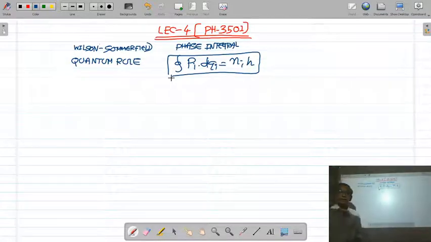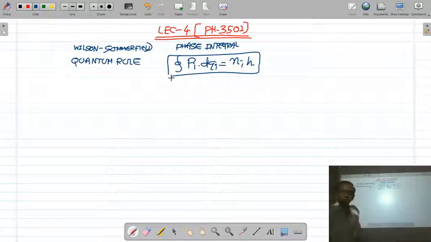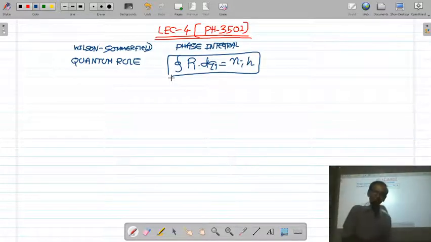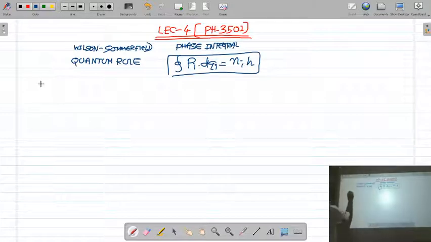Then we can derive the energy level of different periodic systems like a particle moving in the box and the simple harmonic oscillator. You can also compute the energy of a hydrogen atom in which the electron is revolving around the nucleus using this phase integral. One example we discussed in the last lecture was the particle in a box.